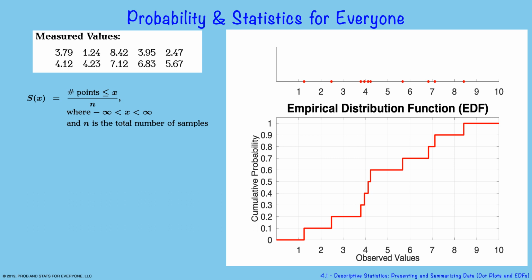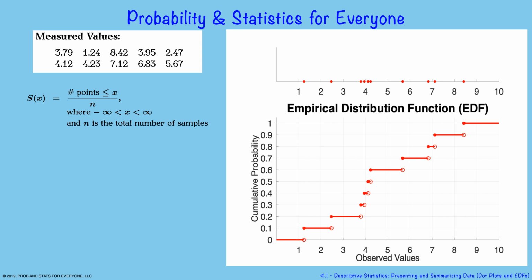Even though this EDF, as shown, is the common way of presenting the EDF, the mathematically proper way of presenting it would look more like this. On the right-hand side of each horizontal line, except the last one in the upper right-hand corner, is an open circle. That is indicating that the value of that line, 0 or 0.1 or 0.2, etc., is true right up to that point, but not including that point or that value of x.